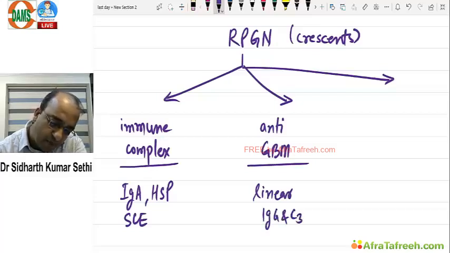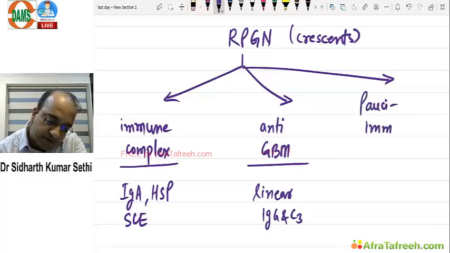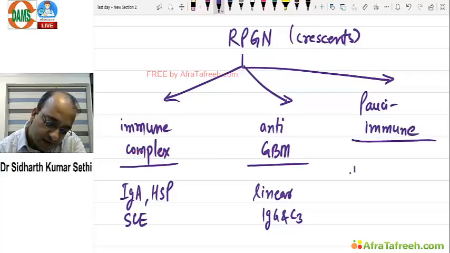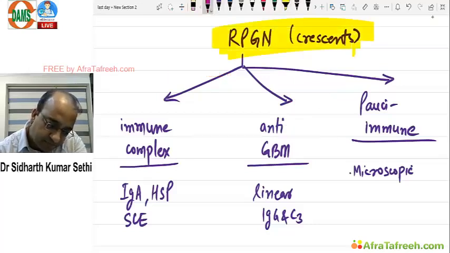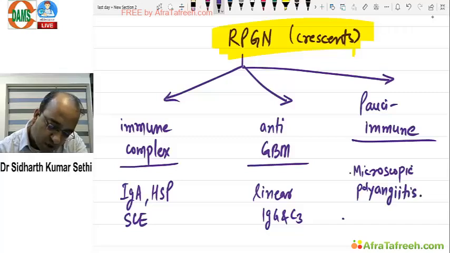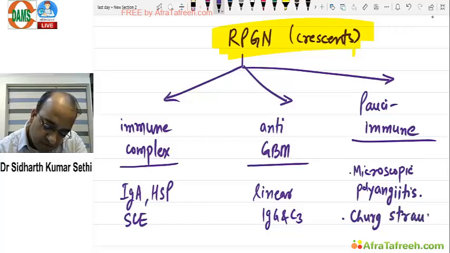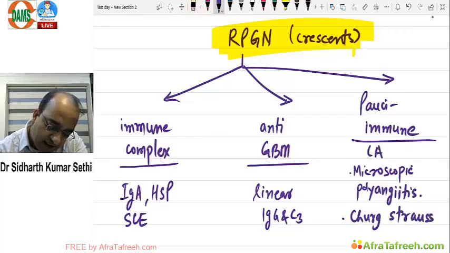Or it can be pauci-immune, meaning there are no immune deposits. Pauci-immune is usually seen in microscopic polyangiitis or Churg-Strauss syndrome, for which you need to do an ANCA.